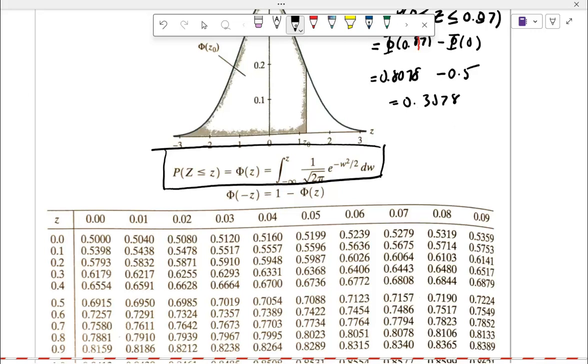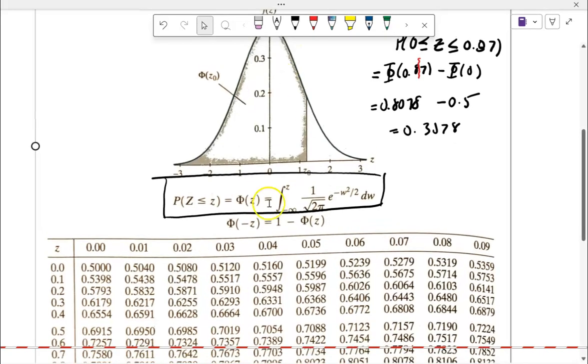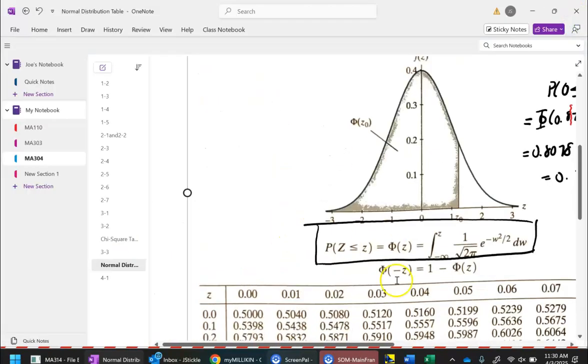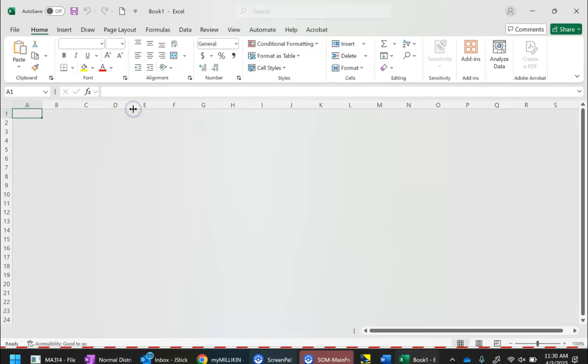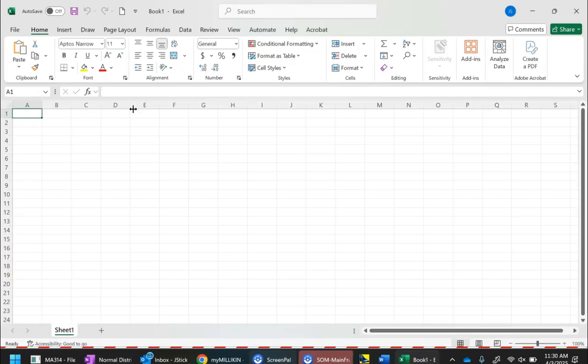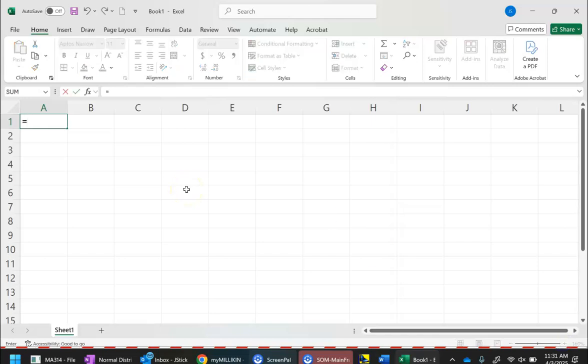Let me flip over to Excel real quick and see if we can show how to do that on Excel. On your calculator, it's in the same place where we did the exponential, gamma, and all that stuff, binomial, geometric, all those PDFs that you had in your calculator. The normal CDF is in there as well, so you can do it on your calculator. All right, so let me show you normal distribution here.